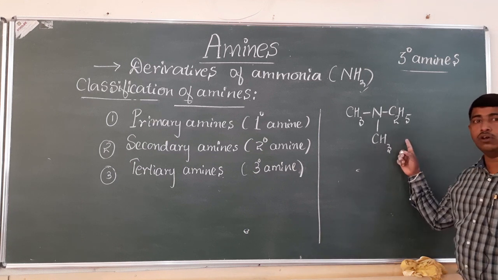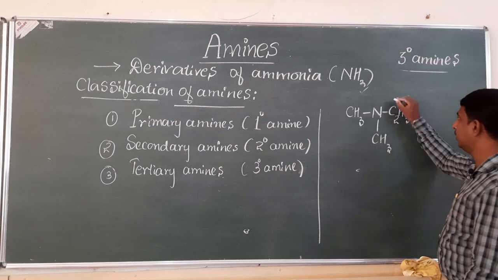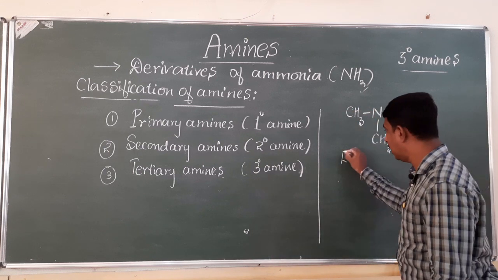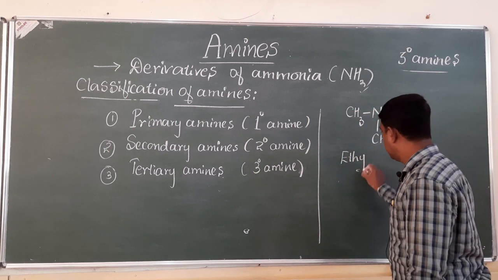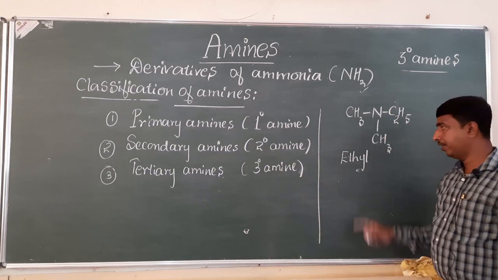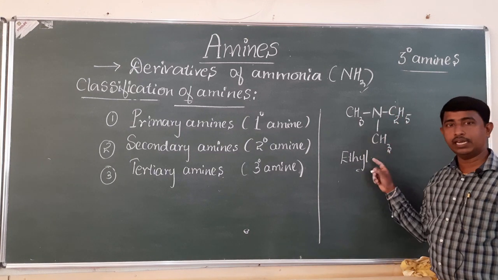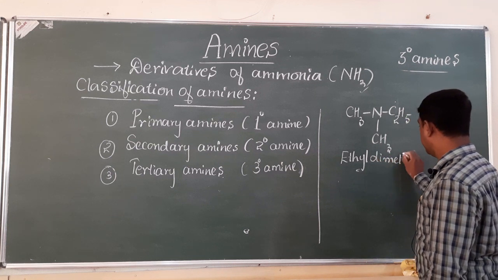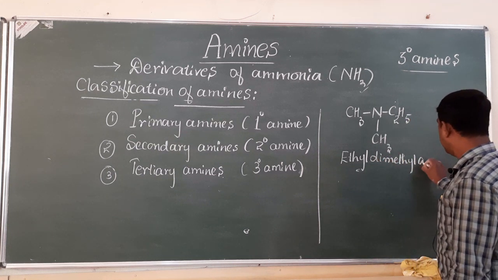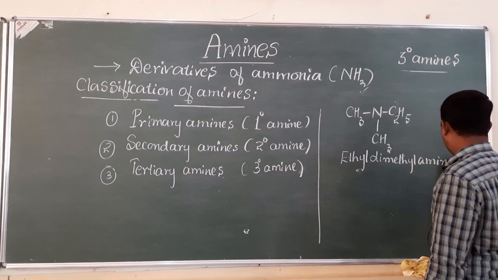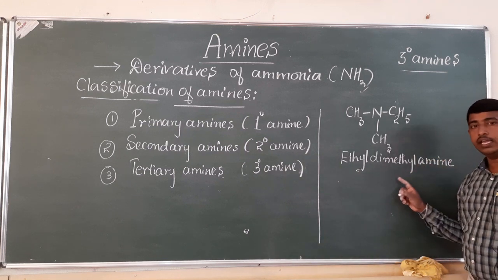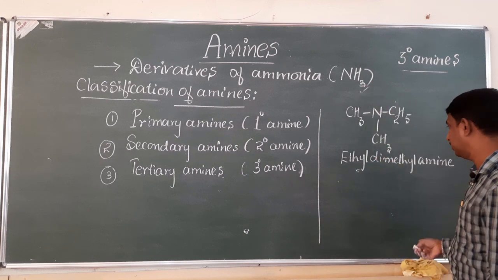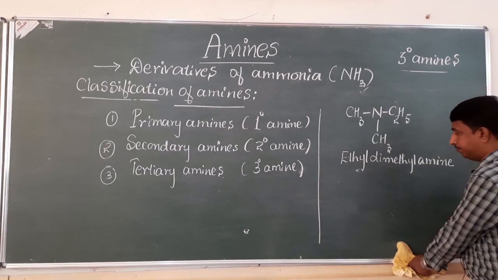Okay, so we have to follow alphabetical order. Ethyl should come first, then methyl. So the name of this amine: I will write ethyl first. 2 methyl groups are present, so it is dimethyl. It is ethyldimethylamine. Ethyldimethylamine is an example for tertiary amine.